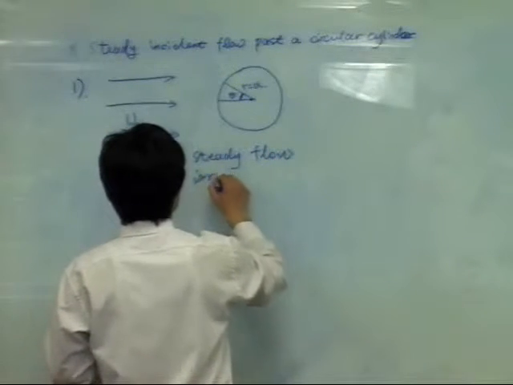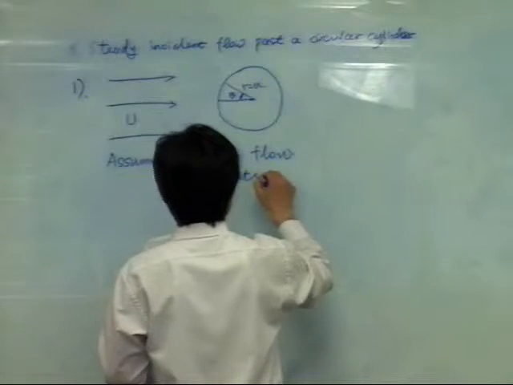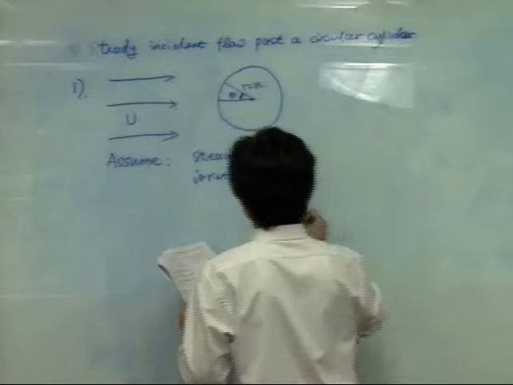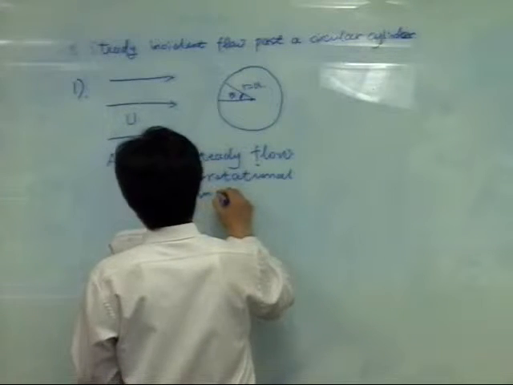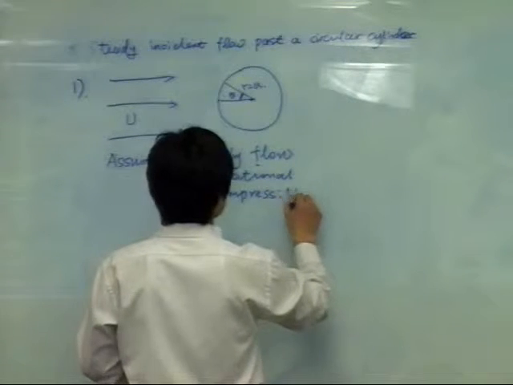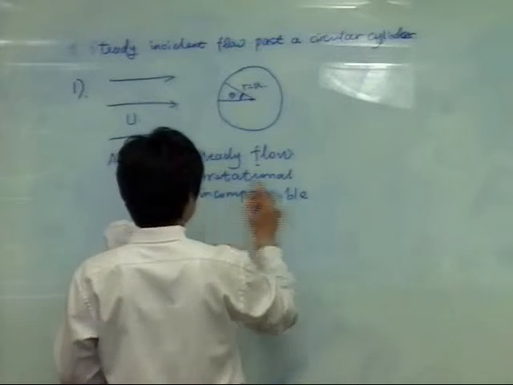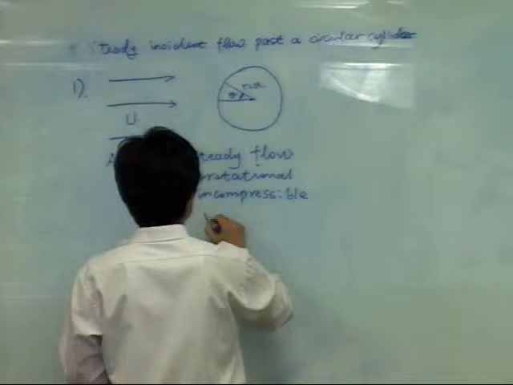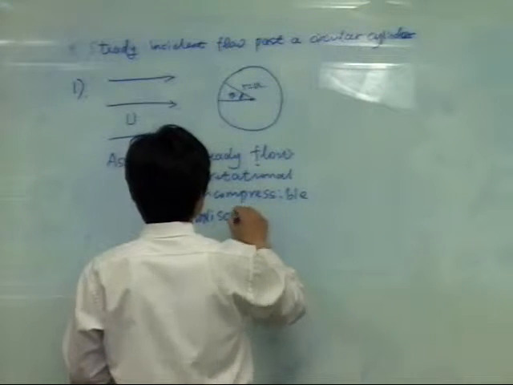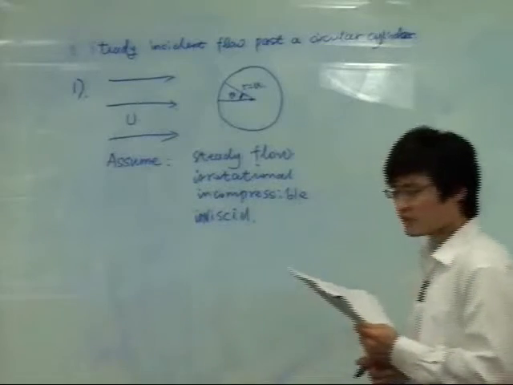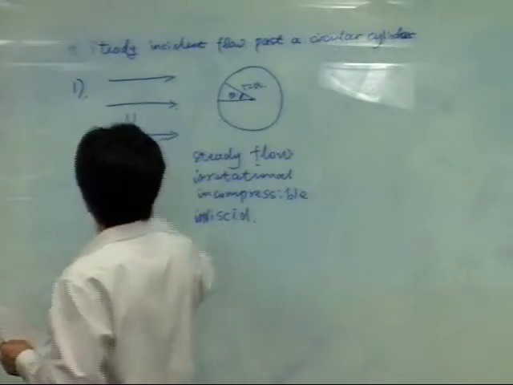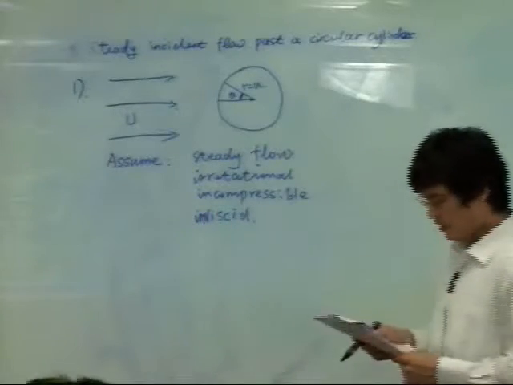Okay, the flow is irrotational, which means we can use potential theory. It's also incompressible, which means rho is a constant, and inviscid means zero viscosity. Okay, we're going to use potential theory to solve this problem.